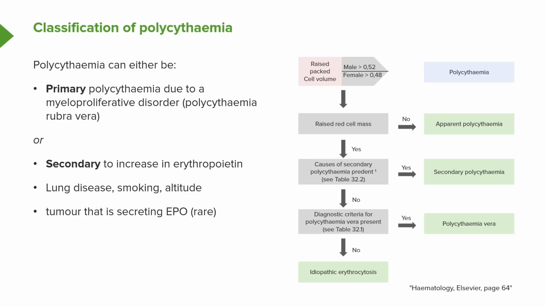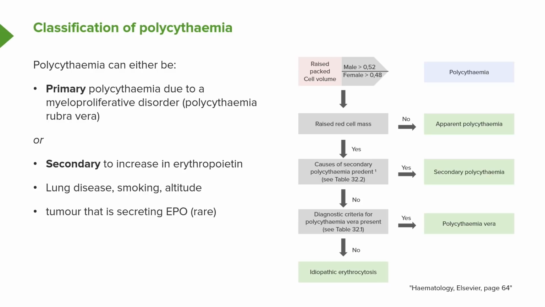And on the right is quite a useful algorithm for approaching patients who have potential polycythemia. You can see at the top the potential hematocrit that might make you consider that a patient has polycythemia, a male over 0.52 or a female over 0.48.